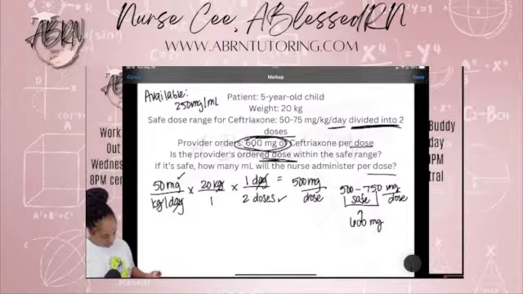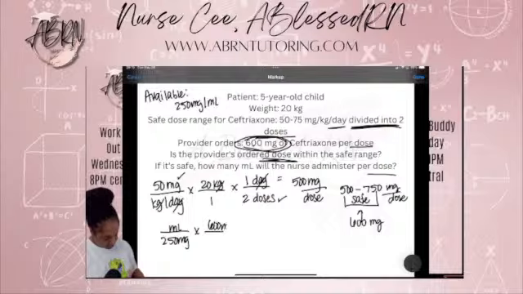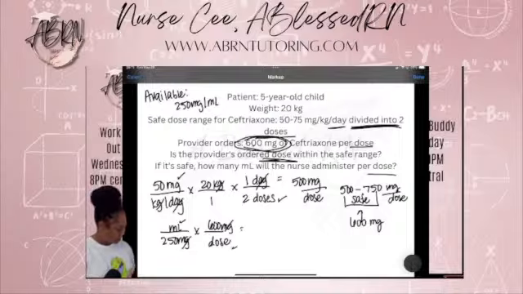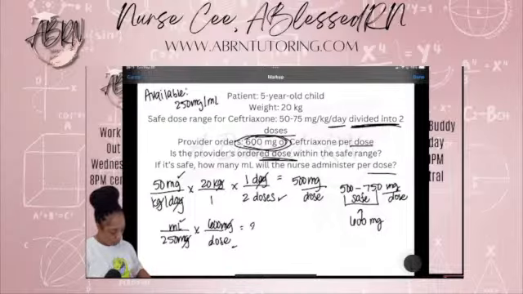So if we have milliliter per 250 milligram, we need 600 milligram per dose. That's going to be your milligrams crossing out, and you're left with milliliter per dose. So 600 divided by 250, it'll be 2.4 mLs per dose.